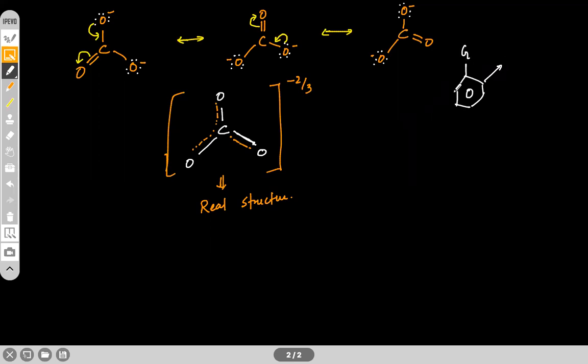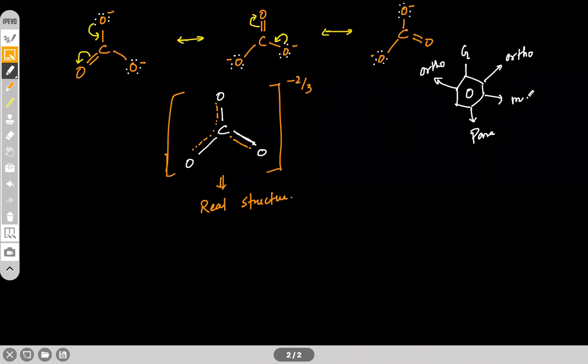These two positions are ortho. We have two ortho positions, one para position, and two meta positions. This one is meta, and this one is also meta. So the effect of plus and minus M effect is seen at the ortho and para positions. Meta positions are not affected by this.